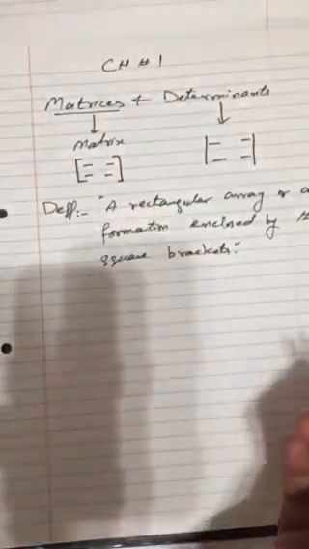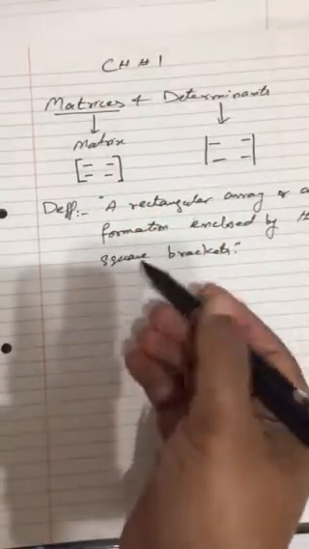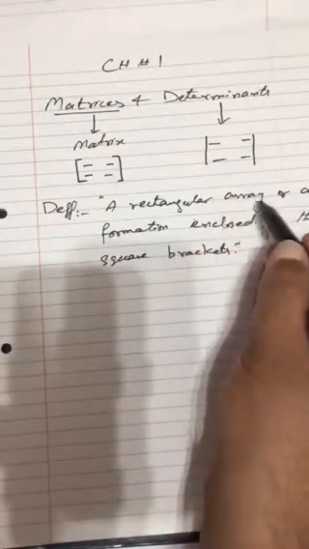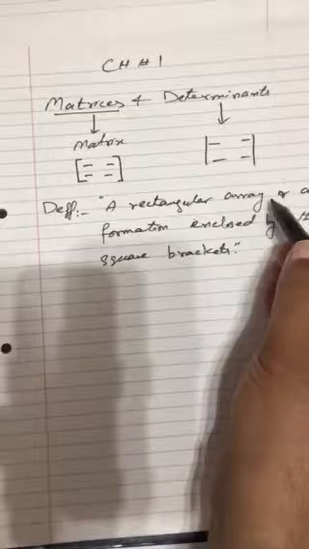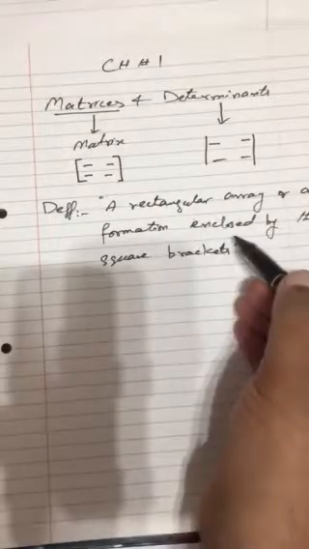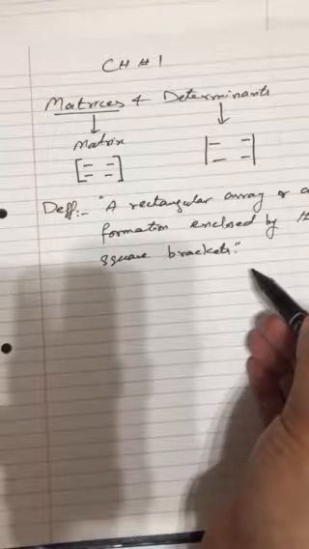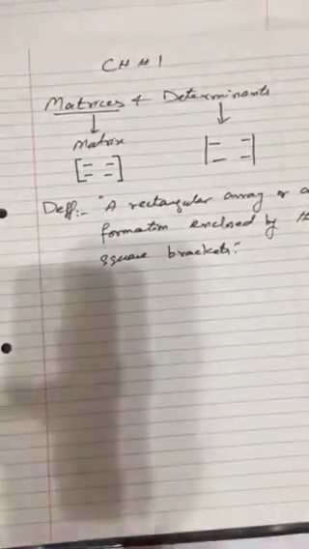This is the definition of matrix. A rectangular array, array is used for tartib, or a formation enclosed by the square brackets is called a matrix.